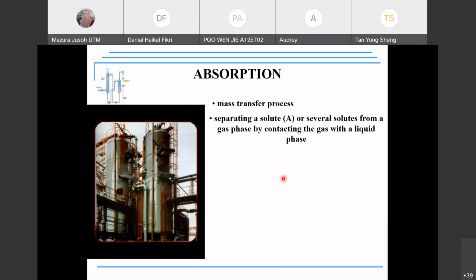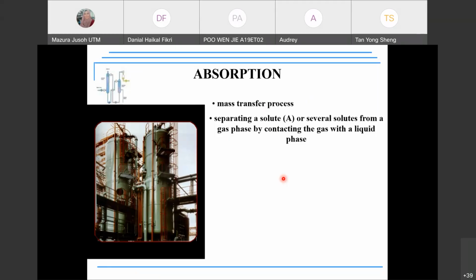So okay, you listen to me. What the definition is: you have a mixture of gas. You have a mixture of two or more gases, and you want to separate these gases. Maybe you want to separate one gas from a mixture of three gases.